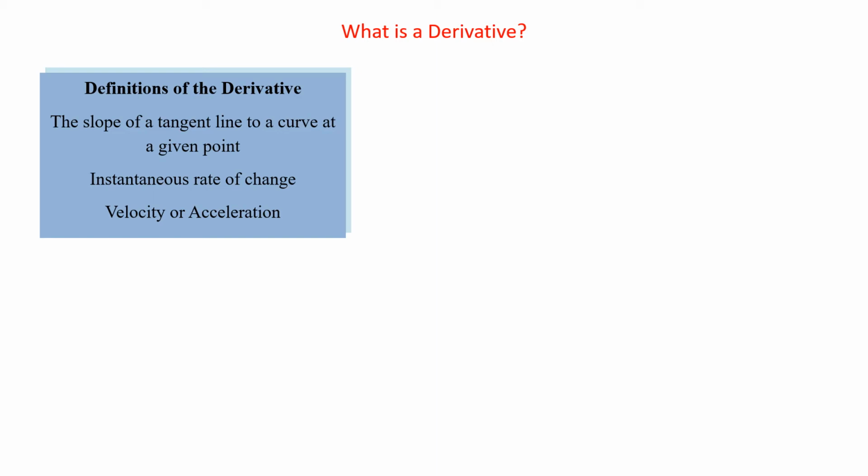But the biggest thing that derivatives are, what is a derivative? A derivative is a slope. That is huge. The derivative is a slope. We were so close to finding derivatives at the very end of chapter 1.